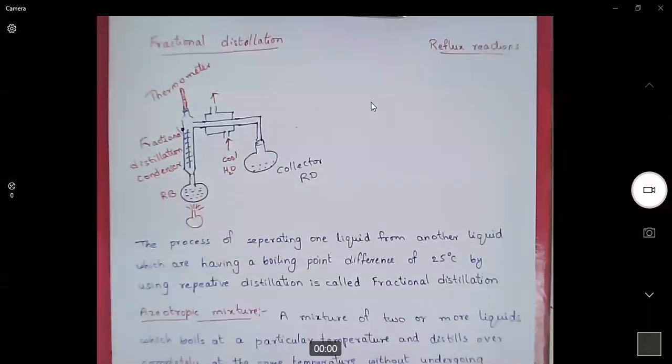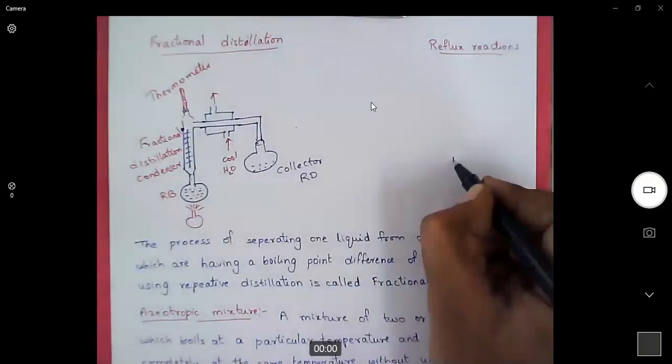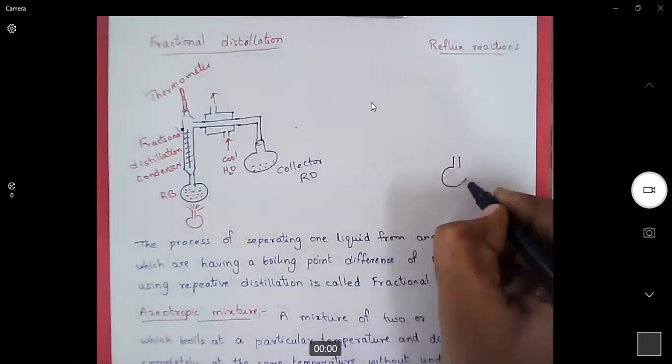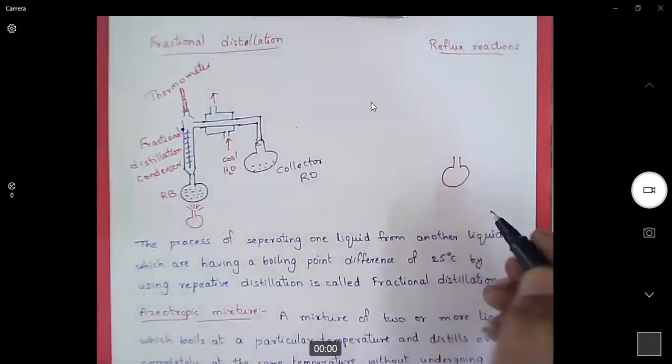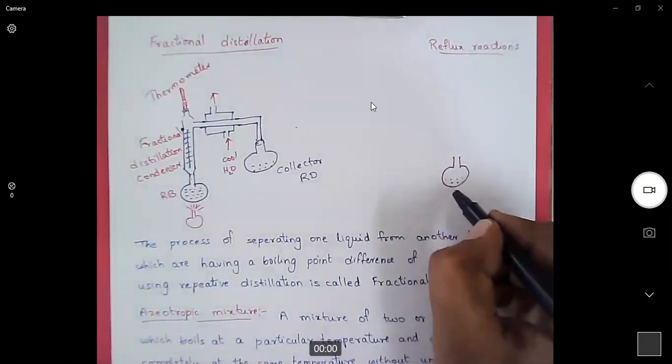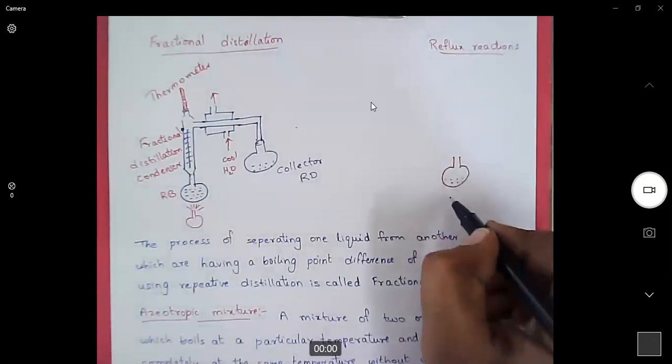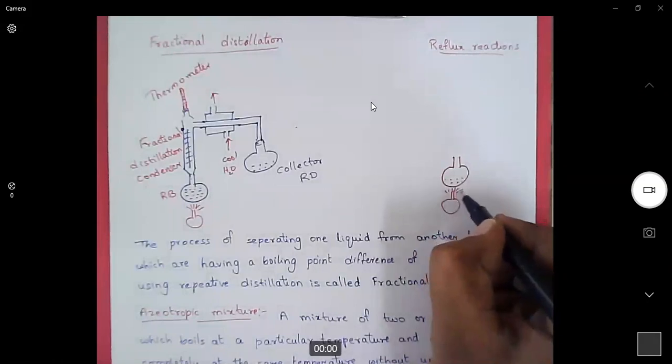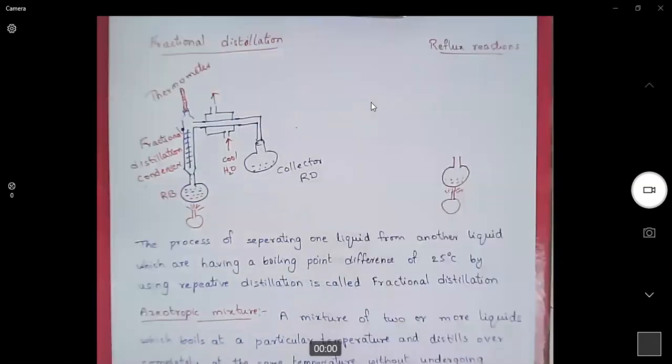Now, what is the reflux condenser? Generally, when we perform organic reactions, most of them need some thermal activation. Only then will they work; at high temperatures, they will work.